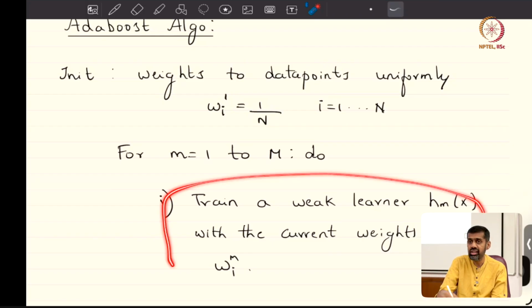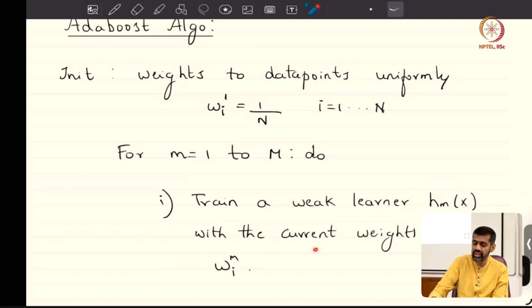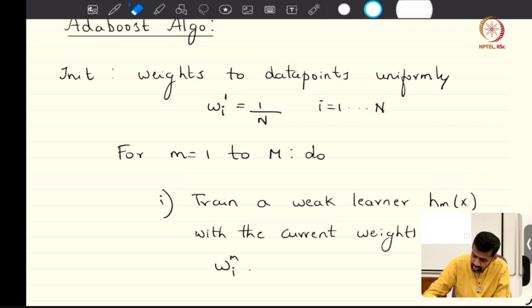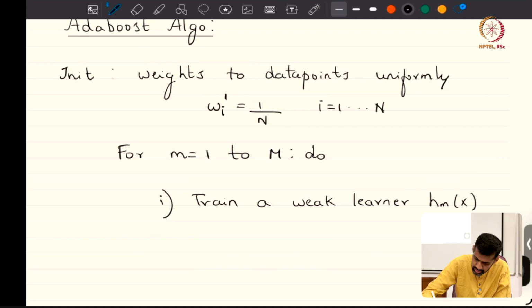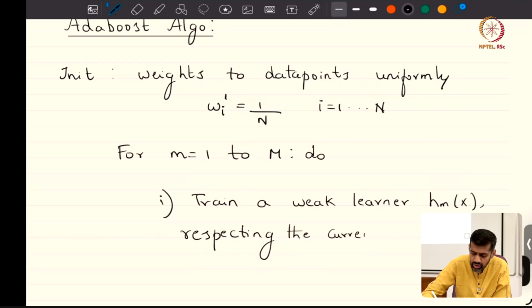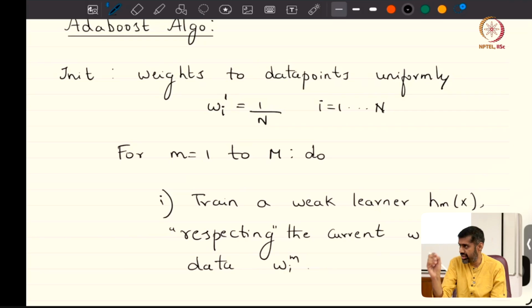That is what is meant by train a weak learner with the current weights on data wi. Train a weak learner respecting the current weights on data. How do you ensure that the classifier respects the current distribution on data?